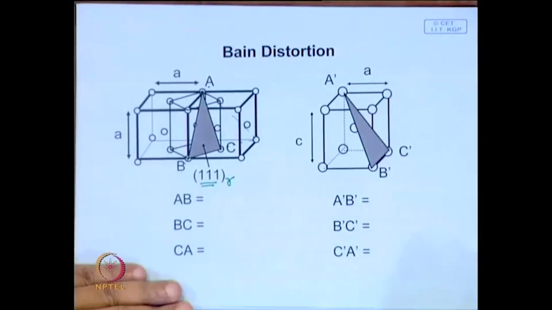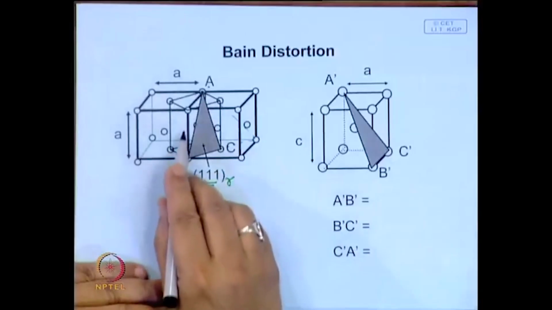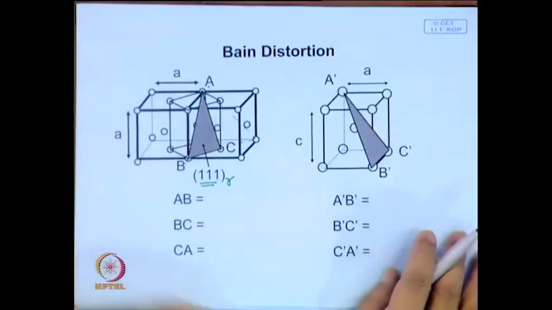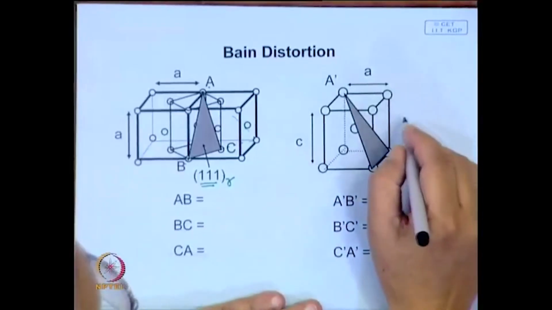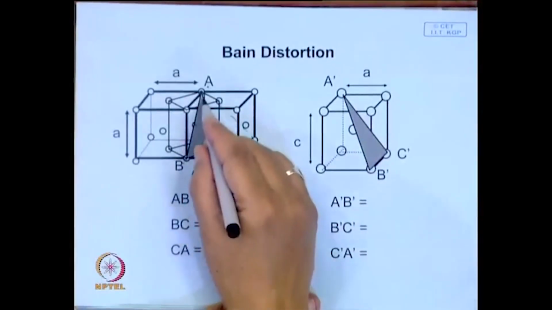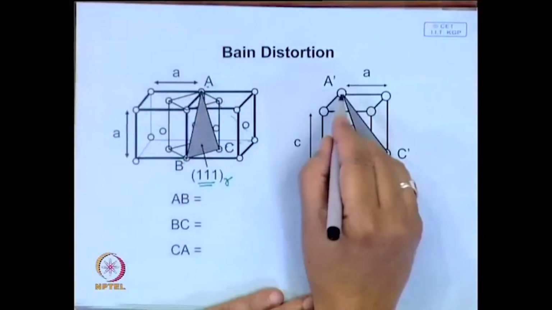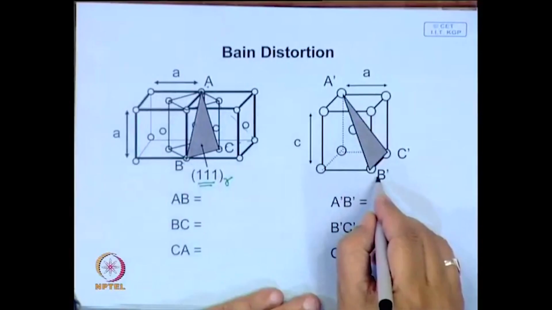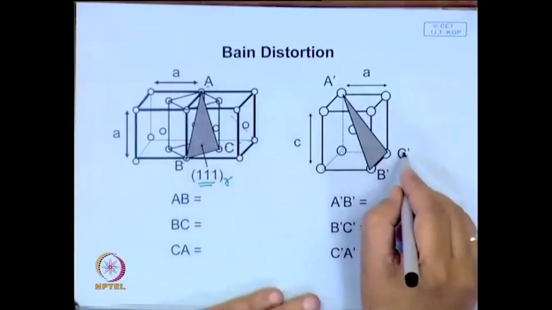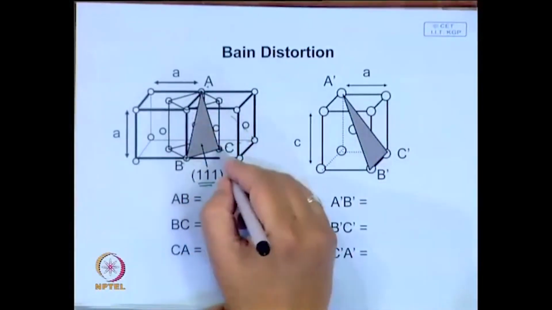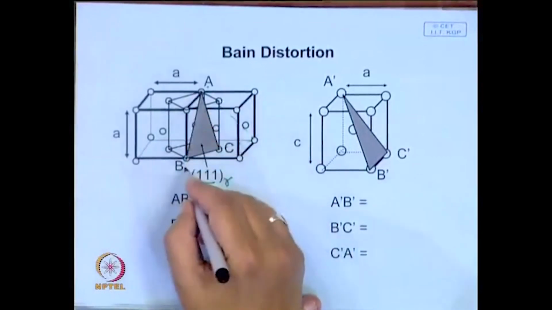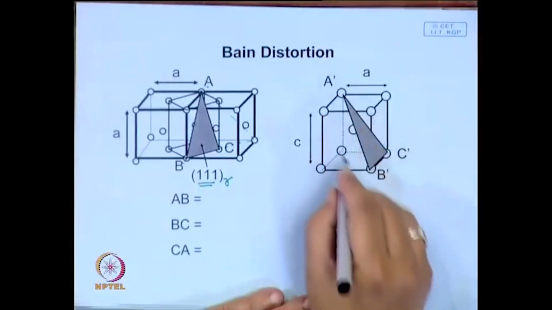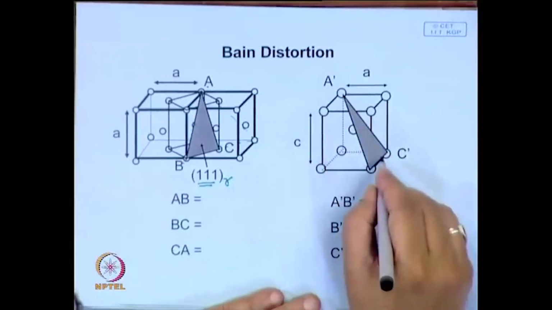Now, you look at this, when it becomes transformed into martensite, or BCT, or nearly a BCC structure. So, this A here is A prime, B here is B prime, and C here is C prime. Now, look at this, and then you can easily see this plane, now what are its indices?